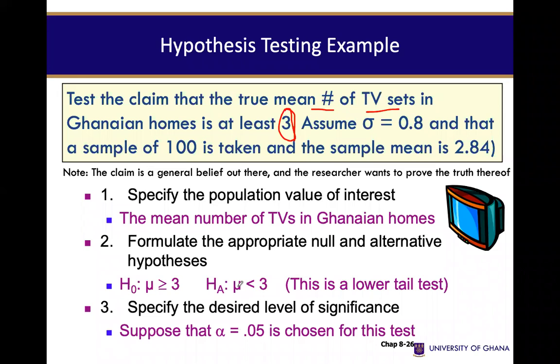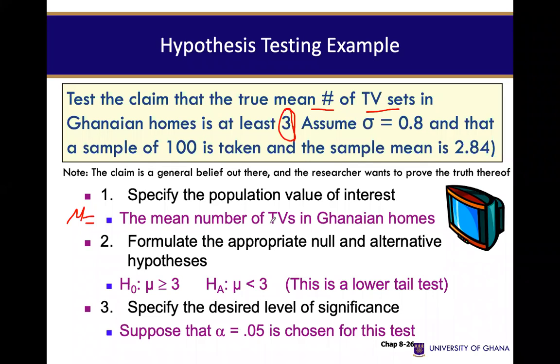So we are not just dealing with the number of TVs in Ghanaian homes, but we are dealing with the average number of TVs in Ghanaian homes. Do you get it? So I would say that mu is the average number of TVs in Ghanaian homes. Is that right? Yes.